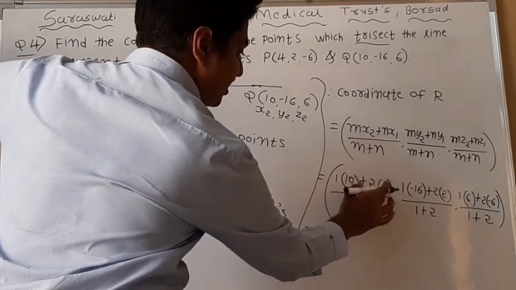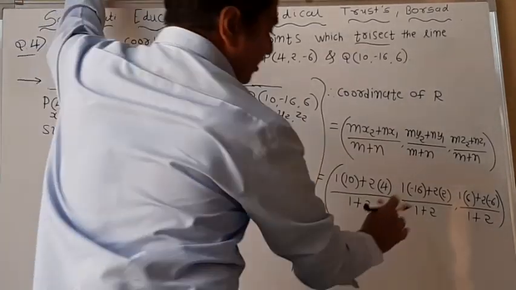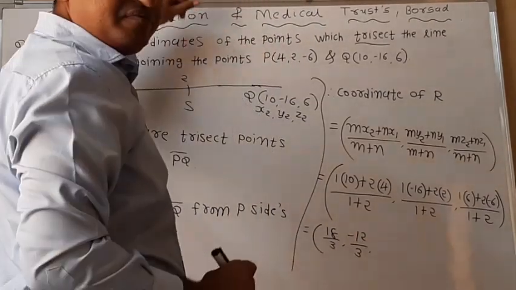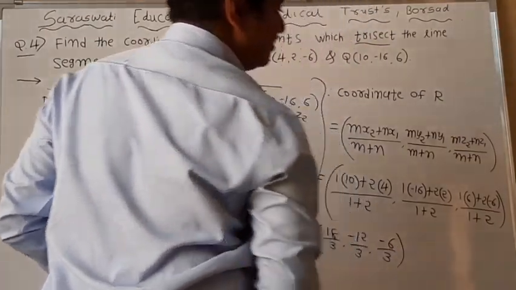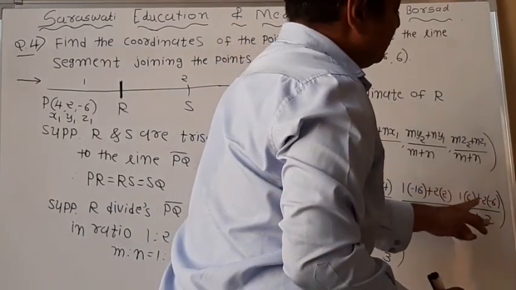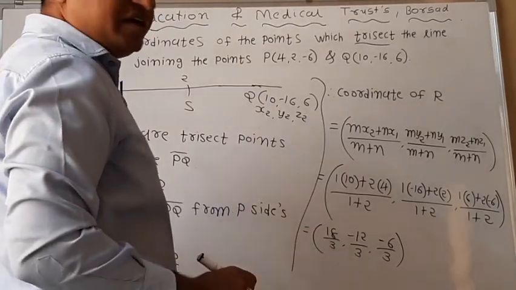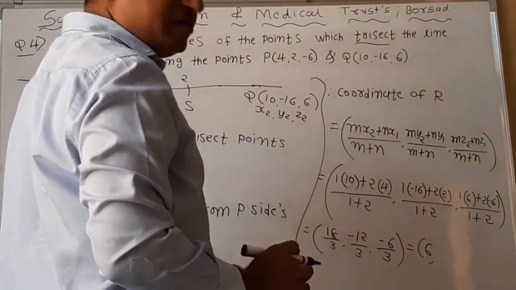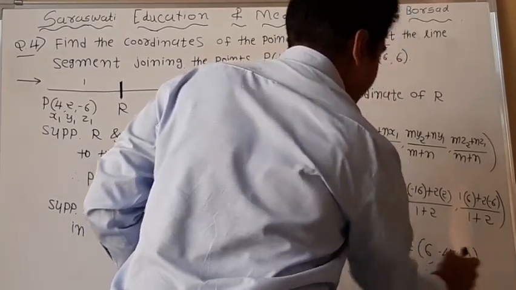Now after simplifying this, it is equal to 10 plus 8, that means 18 divided by 3, comma, minus 16 plus 4, minus 12 divided by 3, comma, 6 minus 12, that means minus 6 divided by 3. Now 18 divided by 3 is 6, minus 12 divided by 3 is minus 4, minus 6 divided by 3 is minus 2.